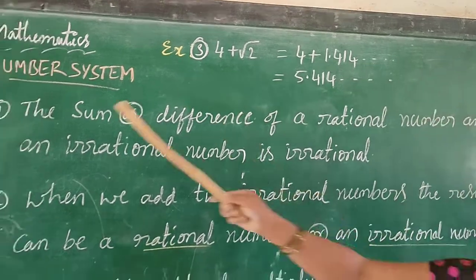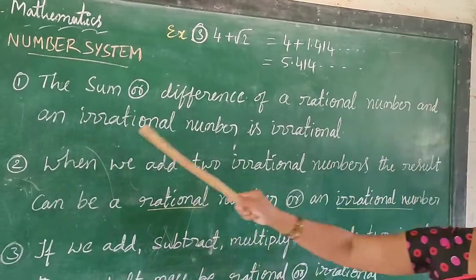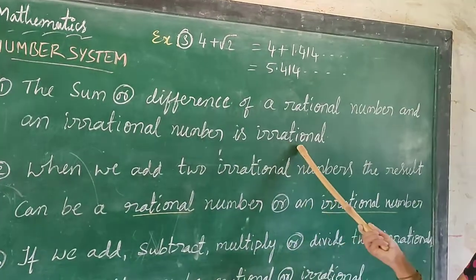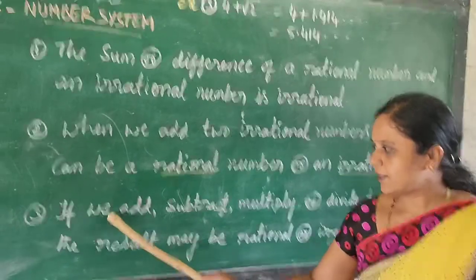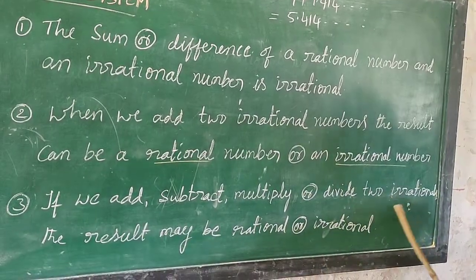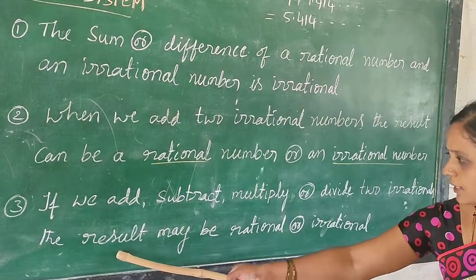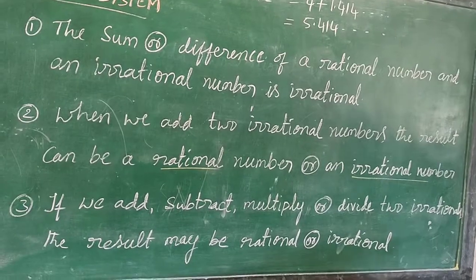Irrational. You can observe this property. The sum or difference of a rational number and an irrational number is an irrational number. Now coming to the next property, if we add, subtract, multiply or divide two irrational numbers, the result may be a rational or irrational.